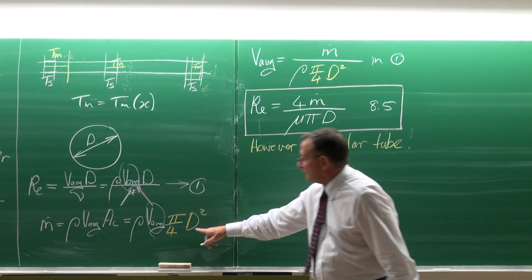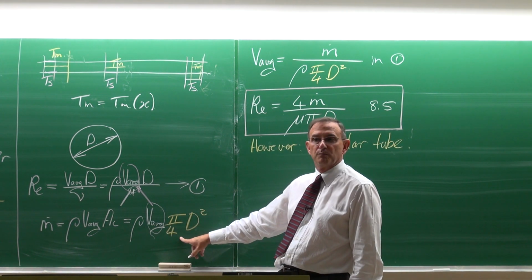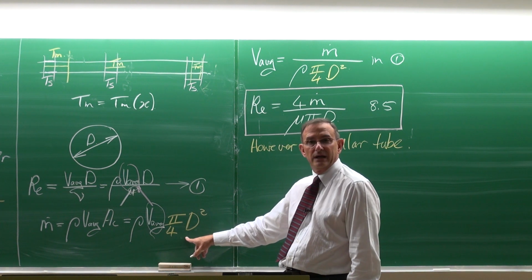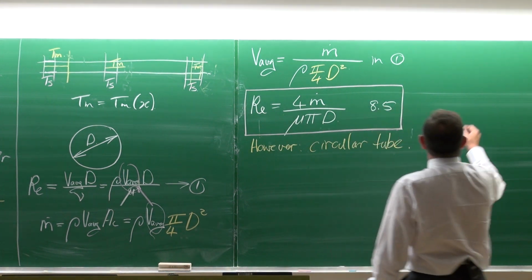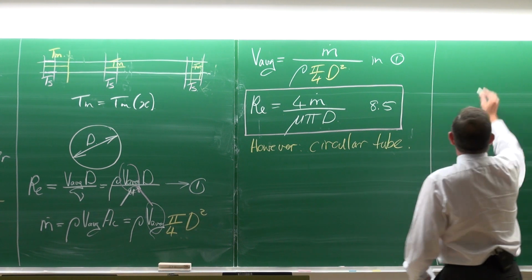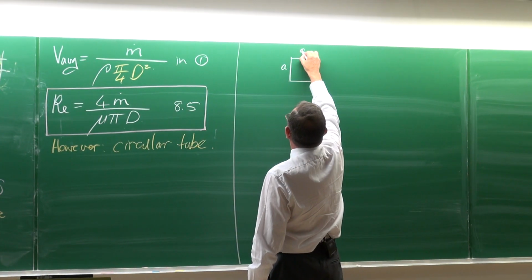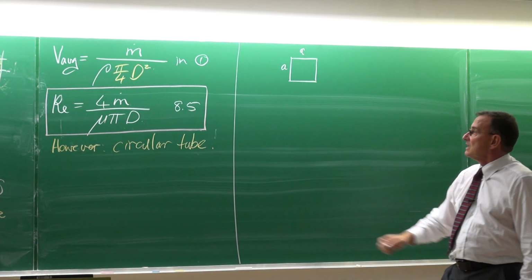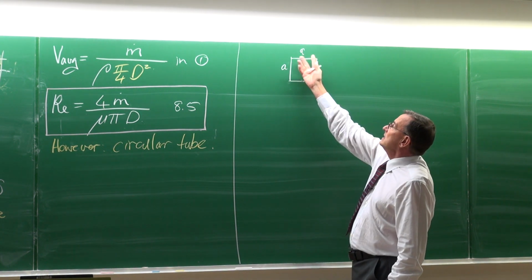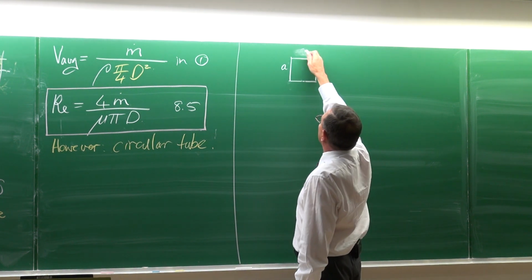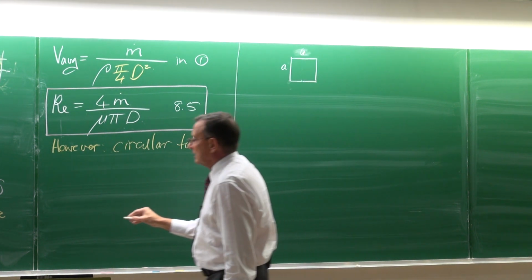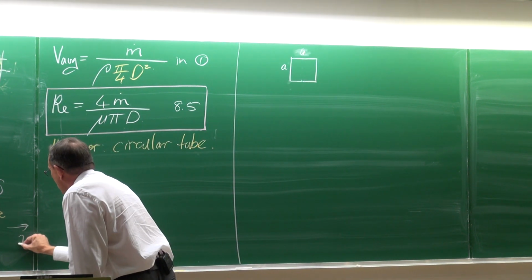For the cross-sectional area, we've used pi over 4 d squared. Let's suppose we make use of a tube which is like that, a distance a and another distance a, and let's call this equation 2.